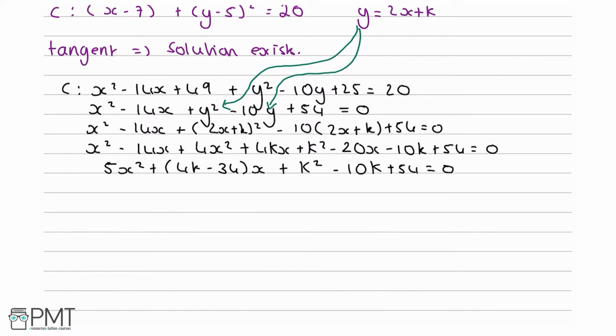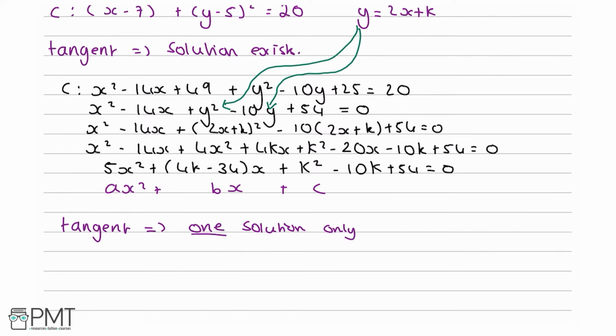Now the reason I've done it like this is because notice it is the form of ax squared plus bx plus c. So what we can do now is use our quadratic formula to solve for k. Because it's a tangent, we need to be aware that a tangent specifically implies one solution only.